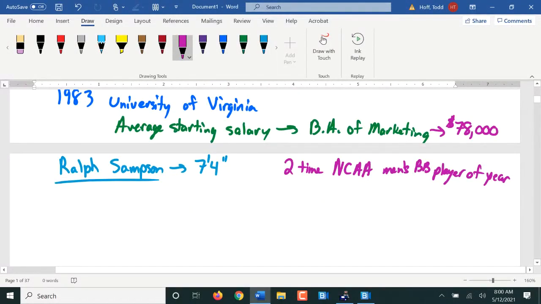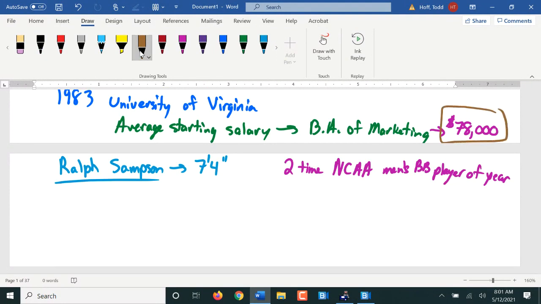But you can imagine how many $20,000 a year marketing graduates it takes to average that multi-million-dollar salary, $78,000. He was the only one paid over $33,000. Obviously, $78,000 was not the median.